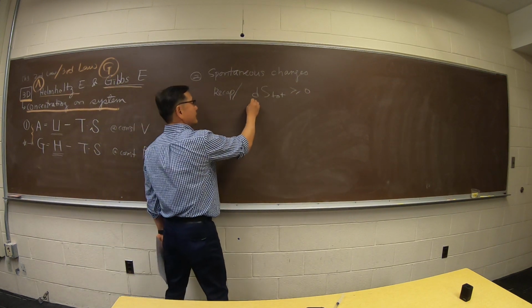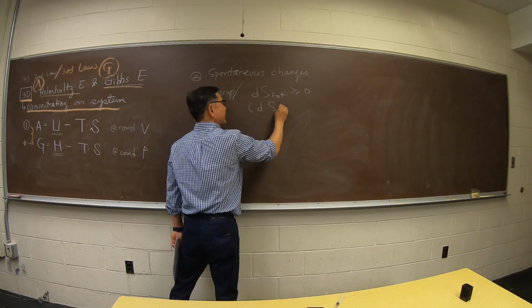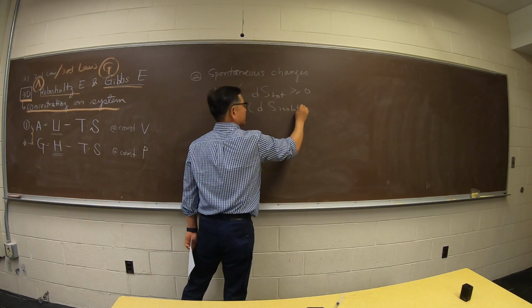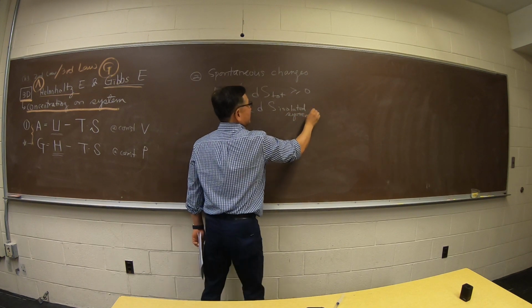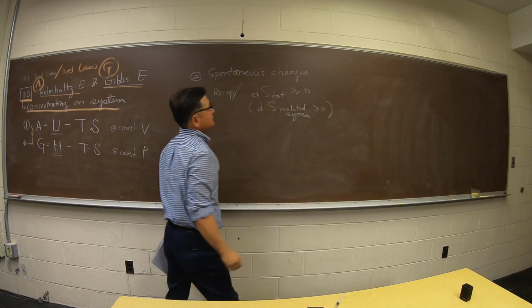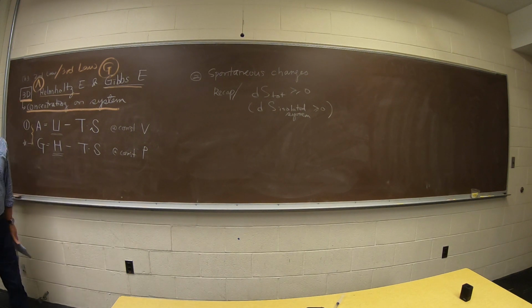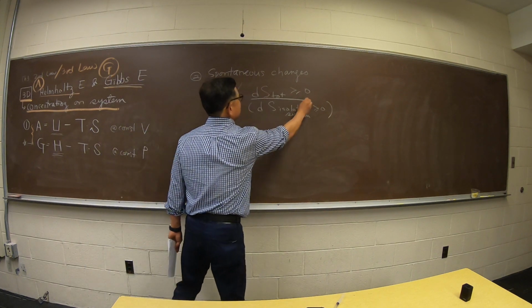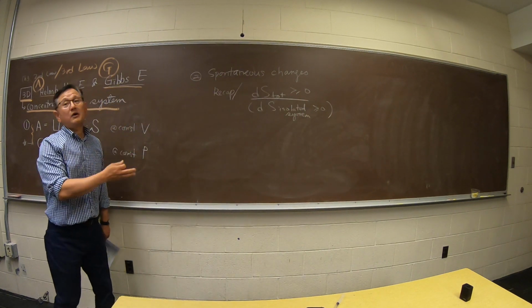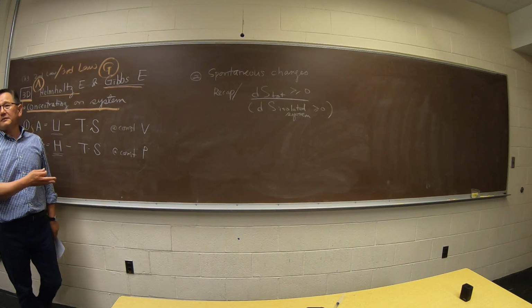Actually, the other term is isolated system. That's the same statement, because the only true isolated system is the total. So this has been the spontaneous change statement, and there we didn't focus on the system, right?